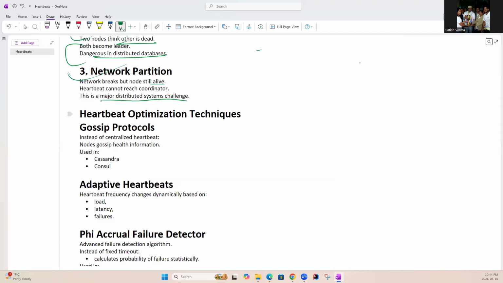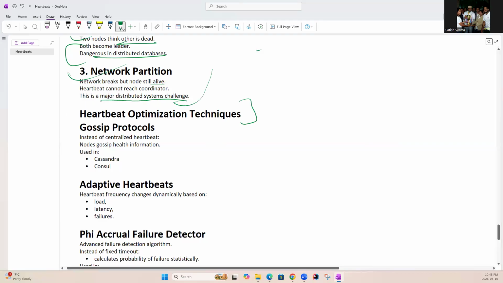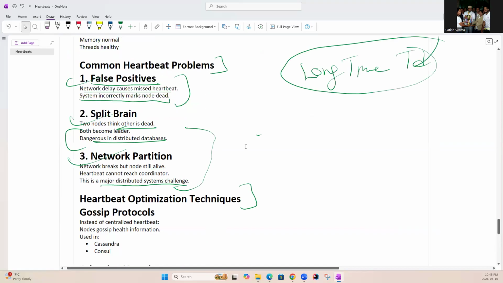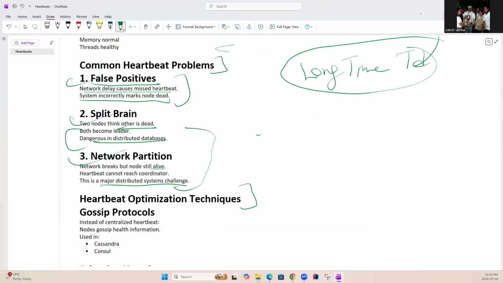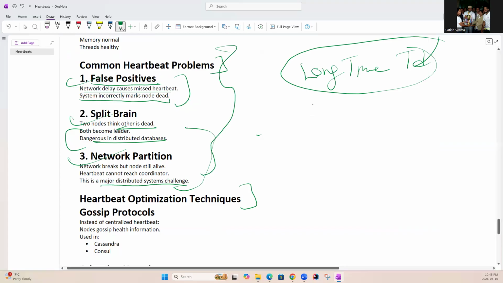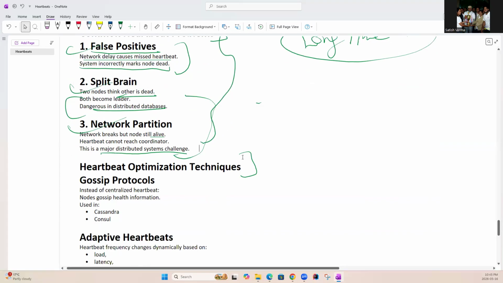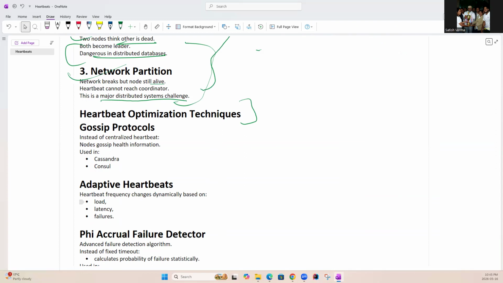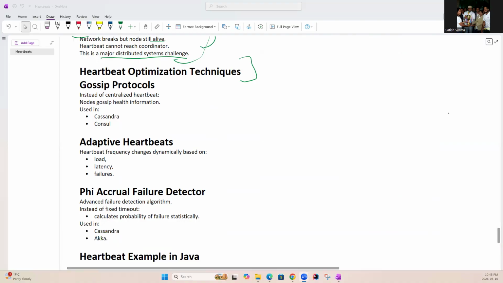Heartbeat optimization techniques. So how can we optimize to prevent these problems? We have gossip protocol, adaptive heartbeats, and advanced failure detectors.